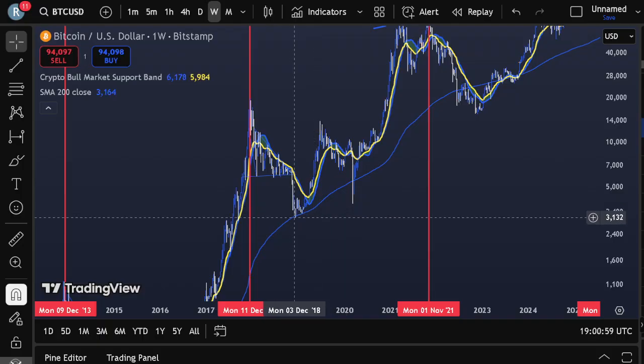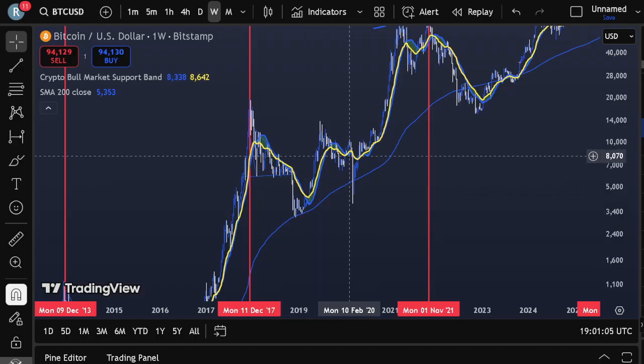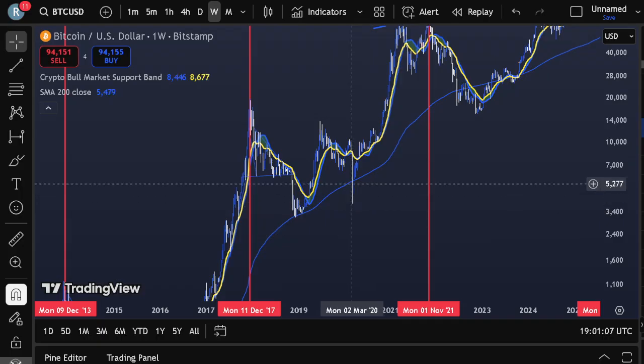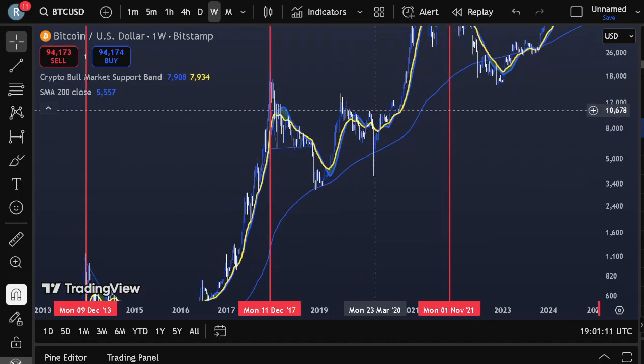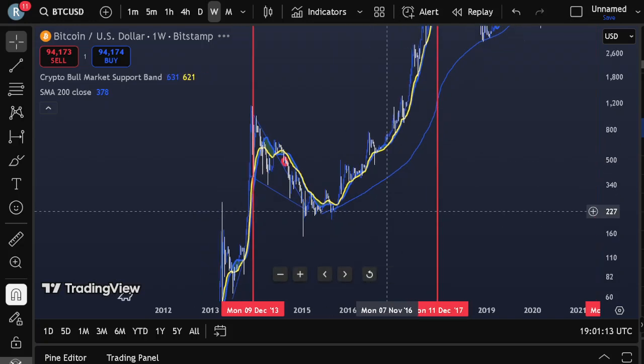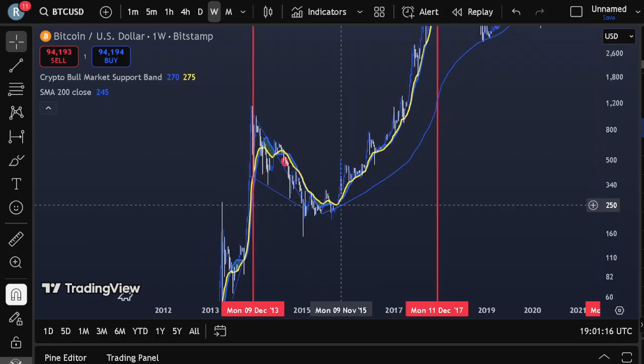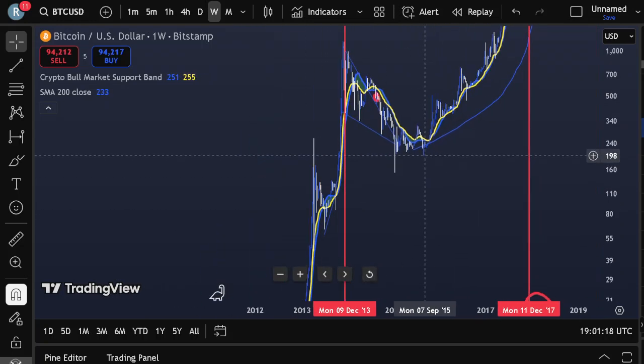Last cycle, the cycle before, we held here, but in the pandemic we broke down. Then we had a V-shaped reversal. The cycle before, we held this.